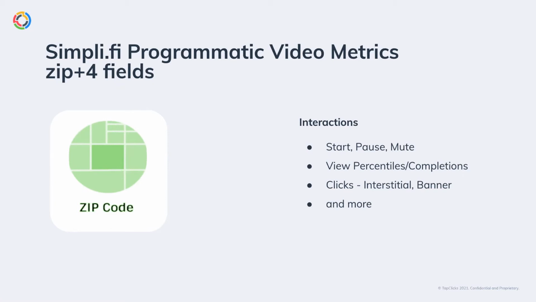With this level of granularity, we can see how our video campaigns are performing on a more regional level. We can see who's watching all the way through, how our messaging is performing in regional areas. Maybe this message resonates well in one part of the US and not so much in another. All of this data can be pulled into TapClicks now if you're using Simplify for your programmatic video.